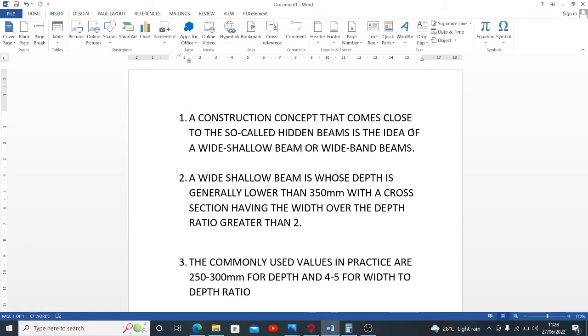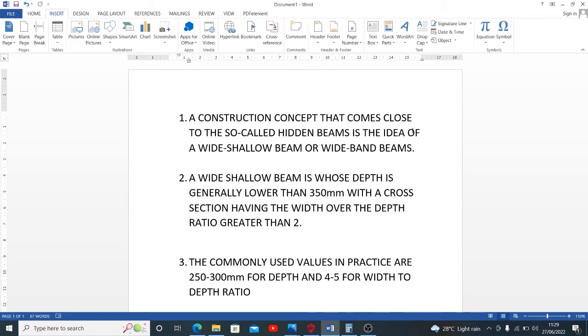So there is a concept that looks similar to what we are doing right now, and the concept is the idea of a wide shallow beam. So the beam is always wide, but the depth is a shallow one, right? And that concept is what we adopt because it's similar to what hidden beams or concealed beams are, right?